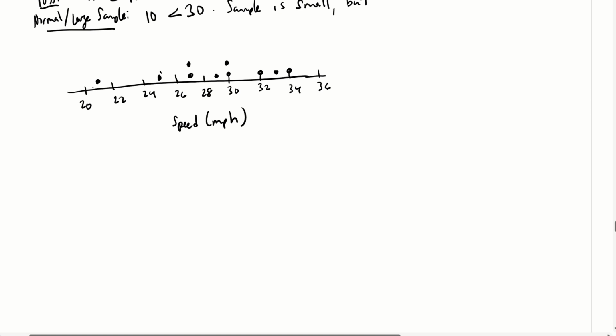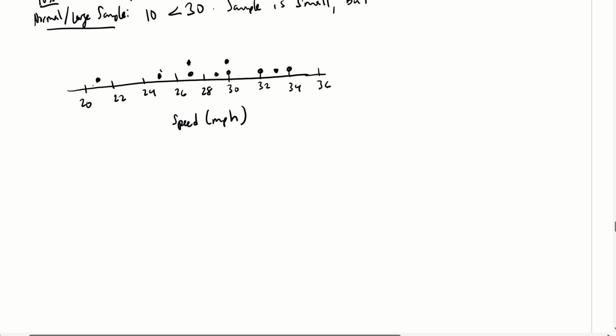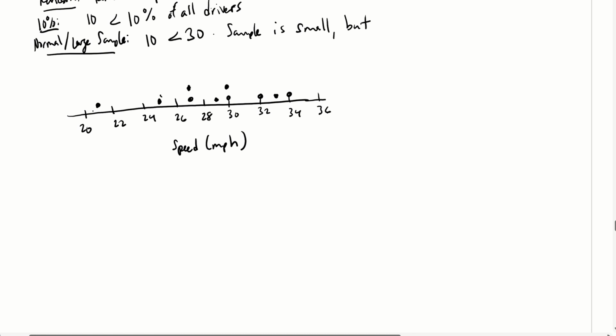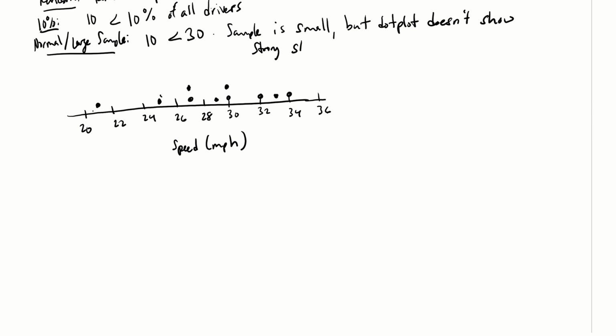Okay, so there it is. Looking at our dot plot, it doesn't show strong skewness or outliers. So it looks pretty good.